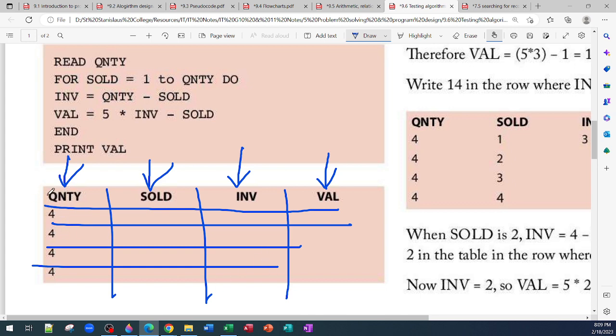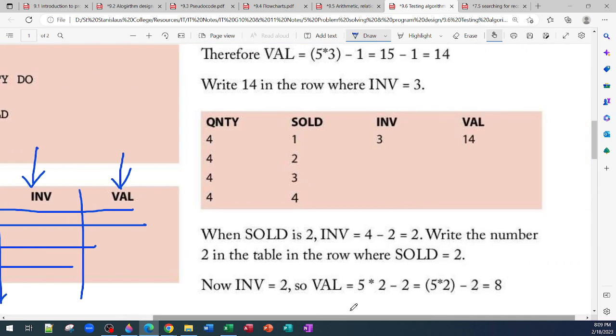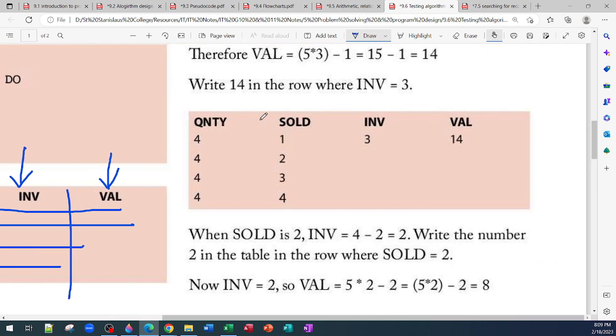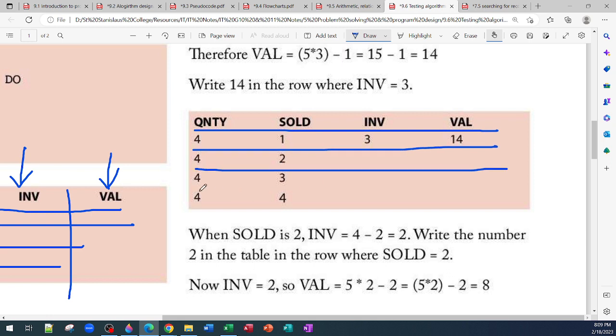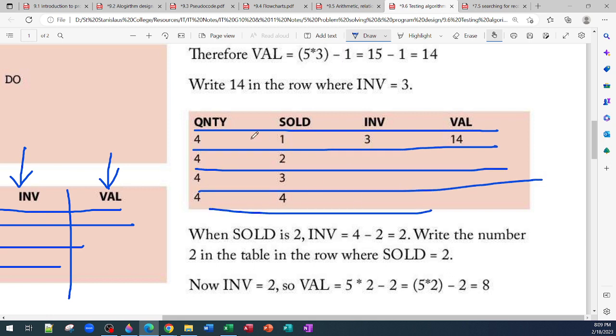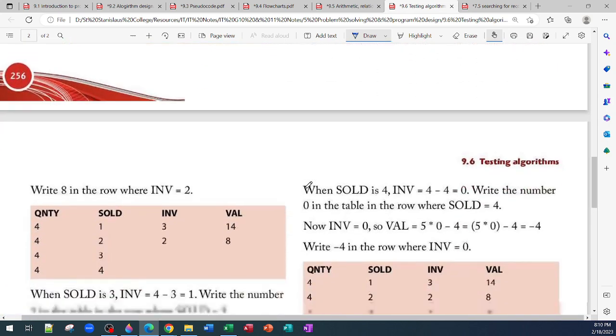So this variable, quantity, has a 4 inside of it. As we go through the loop of the program, sold is going to get a 1, then a 2, then a 3, then a 4. And it continues like that over and over.